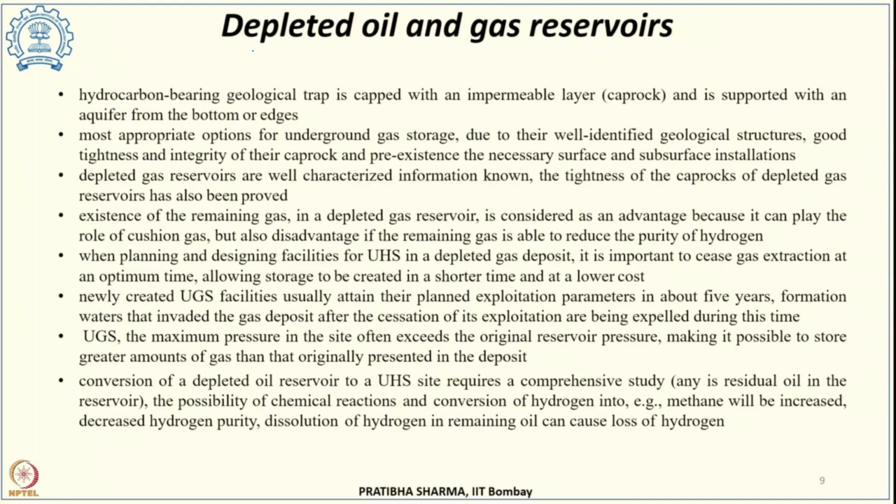Then coming to the depleted oil and gas reservoir. Depleted oil and gas reservoir means that somewhere in the earth, many years back, there was oil or gas or natural gas or coal.